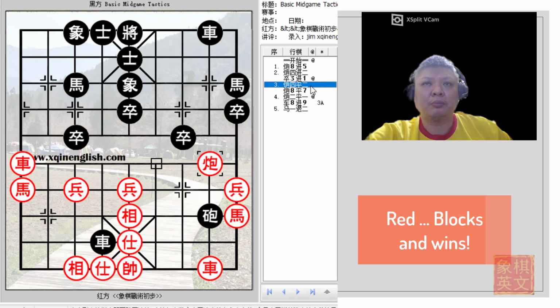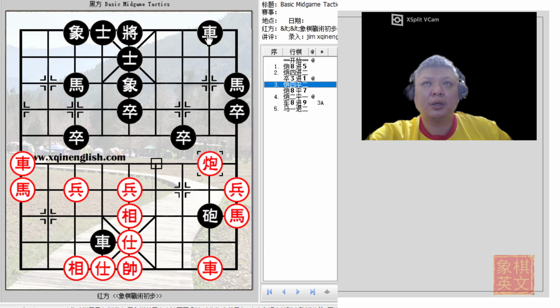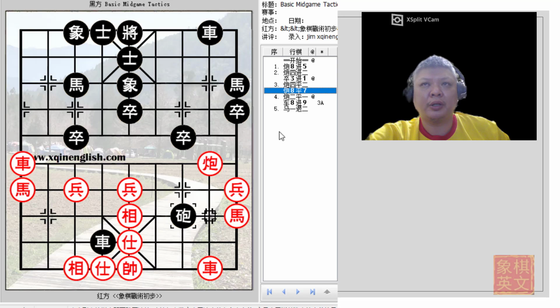So red would play c4 equals 2 to block and sever the relationship between these two black pieces such that the cannon is now left hanging and unprotected. The only place that the black cannon can move now would be c8 equals 7. They cannot move here or the advisor will capture it.